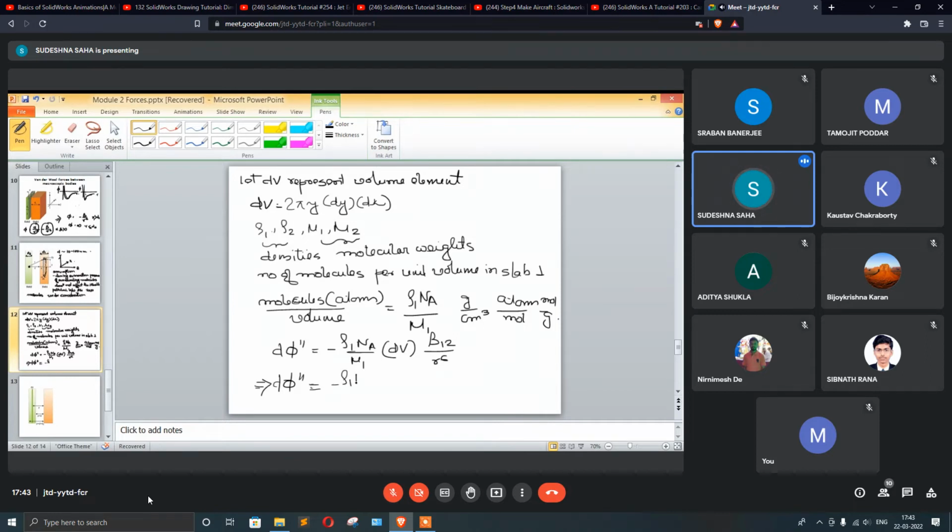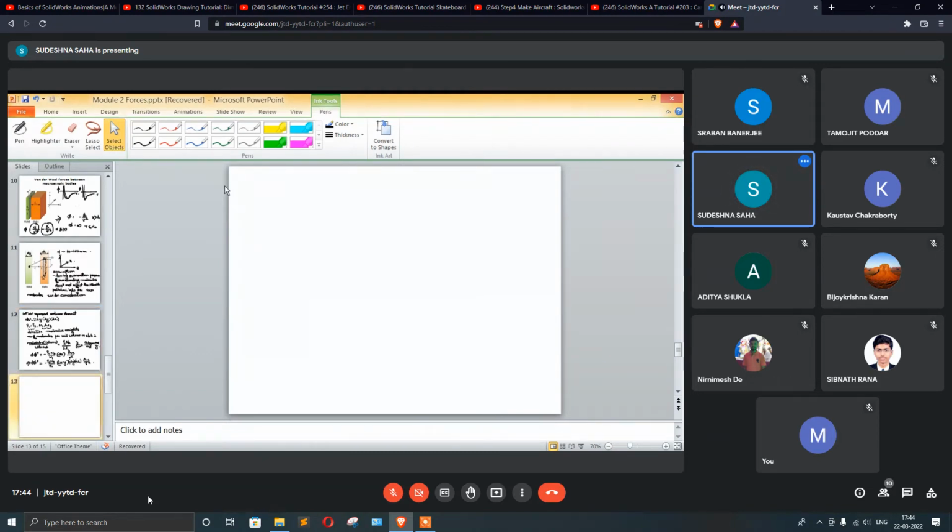So minus rho 1 into Na divided by M1 will be equal to 2 pi y dy dk beta 12 divided by r to the power 6. And from Pythagoras, you can write it.